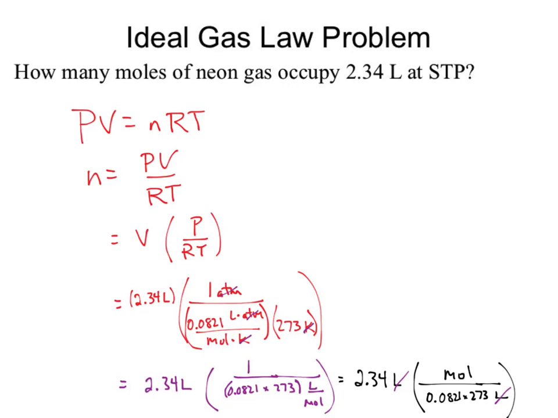0.0821 times 273. Actually, that's a lie. We'll just stop right there. We can pause. Did everybody attempt to solve it this way? Good. You should be saying no. What did you do?